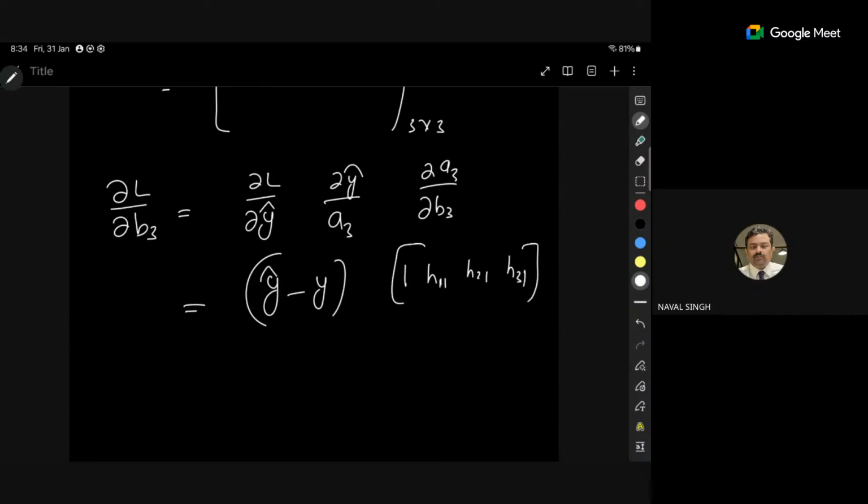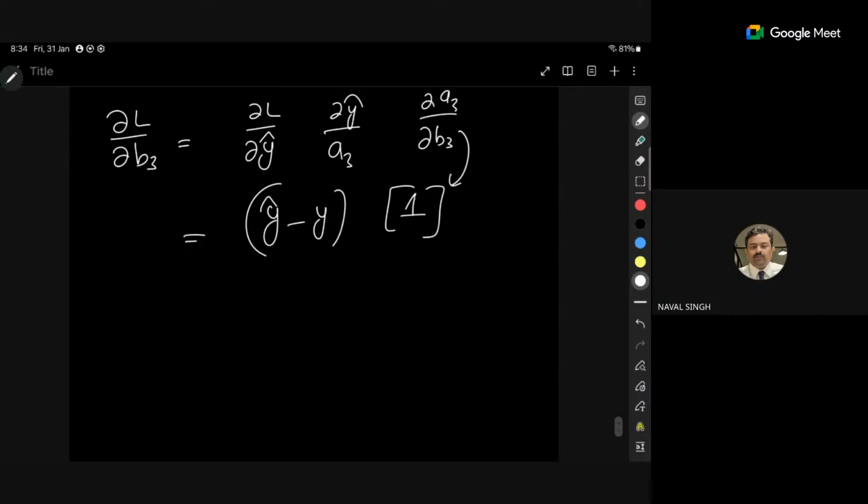So this will give you both, this is bias and these are related to weights. Now we don't have this, so we just have one. So we'll get just one as a derivative of this. You can do it, but this is what you'll get. So maybe you can do this thing and you can transfer.